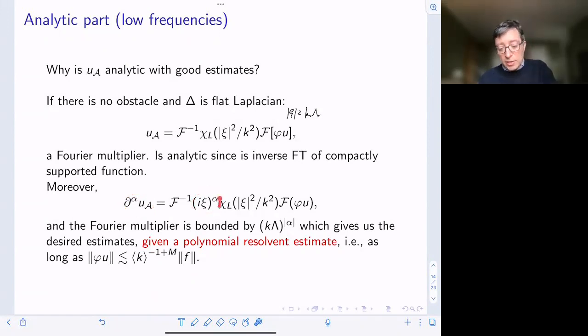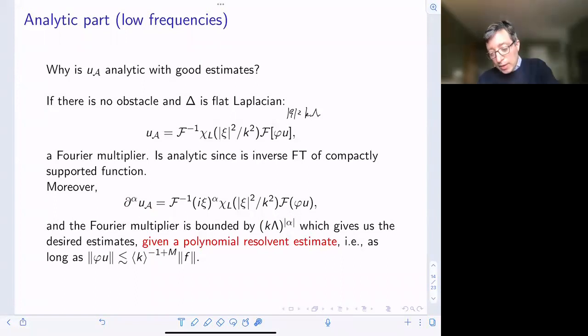Well, xi is bounded on the support of this thing. It's bounded by a multiple of k. So every derivative essentially just costs you a multiple of k. So if I want alpha derivatives, I pull down k to the alpha times a constant to the alpha. And that's the desired estimates. That's actually better than the desired estimates. That's a kind of best case scenario here.